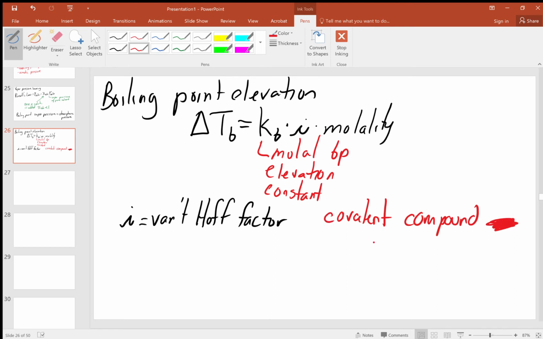So for a covalent compound, i is always equal to 1.